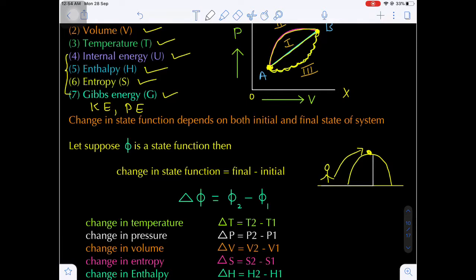There are different possibilities. Now if the person moves in the path 1 direction or in the path 2 direction, the final point will be point B and the initial point will be point A. The property which depends only upon the initial state and final state of the system, irrespective of the path of transformation, is a state function. Are you getting my point?